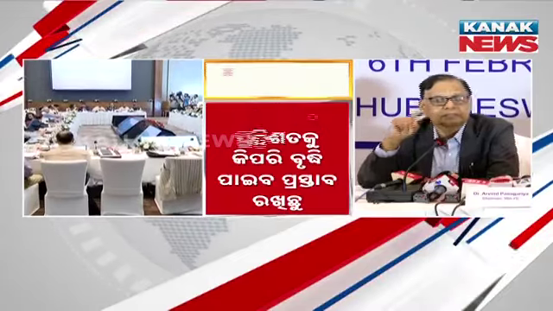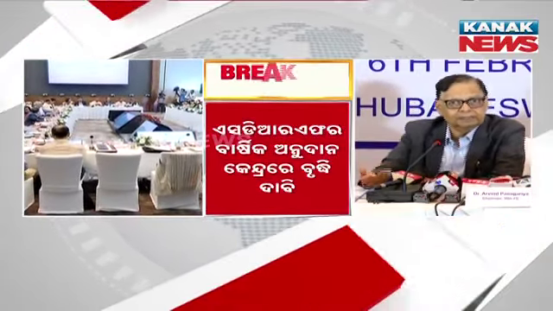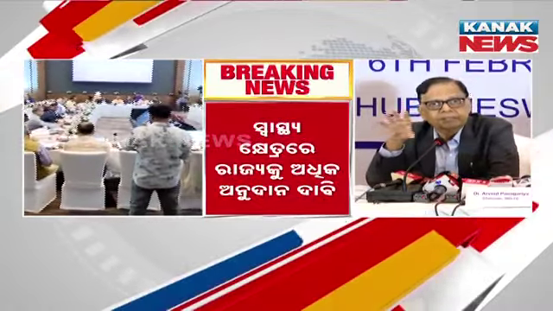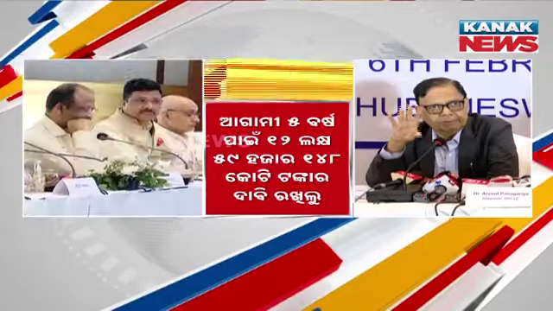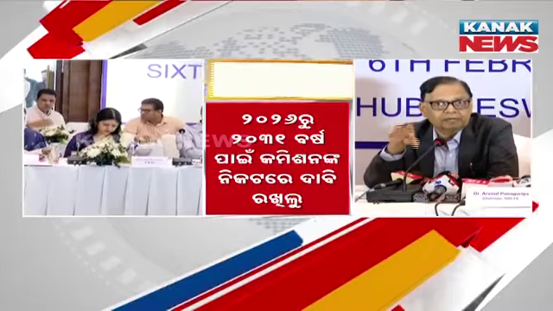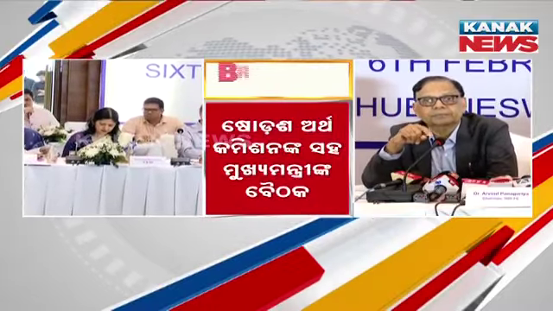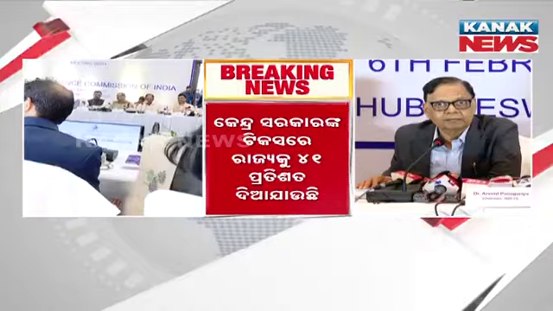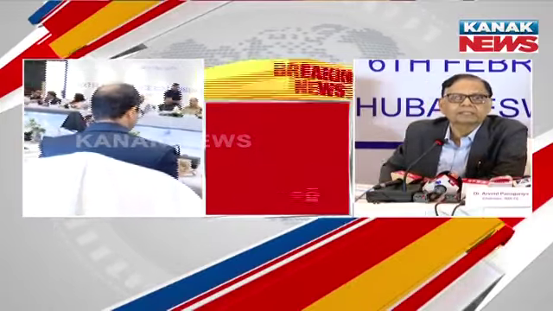So there is a difference in that, and whereas on devolution the recommendations of this commission have always been accepted and implemented, occasionally, when it comes to grants, because they are coming from the central government's budget, there have been occasions when the central government did not release those grants, as in the case of some of the grants that the 15th Finance Commission had recommended.